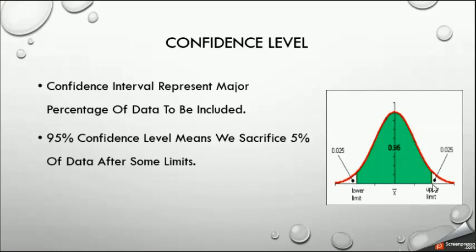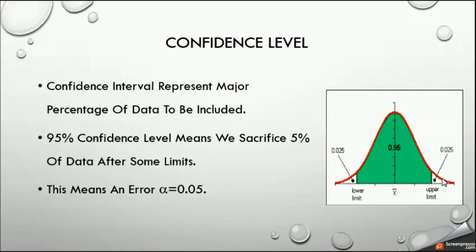We should have these limits because it is unlikely that large values belong to this distribution. Also very small values, it is very unlikely that they belong to this distribution.